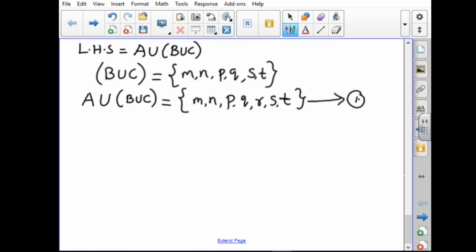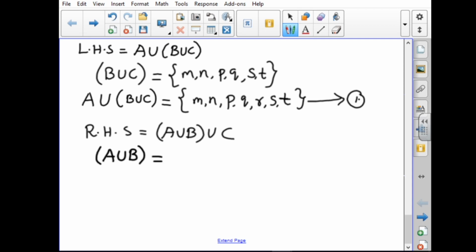Next, right side. Right side what is given? (A union B) union C. So first we should find the bracket values. That is A union B we should find.